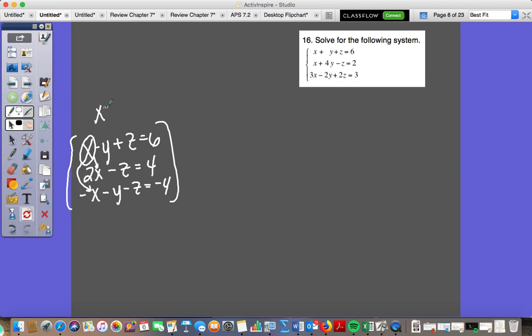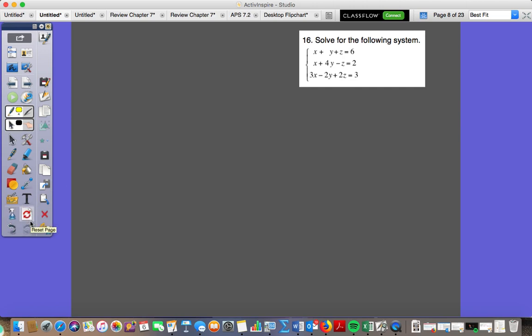But once I've stated that, okay, x is equal to 6 plus y minus z, which is what I've got here, I've used the first equation, and now I could simply plug it back in for the second and the third equation, and then simplify and go. My goal is to get two equations with two variables, and I can do that by starting with that substitution process.